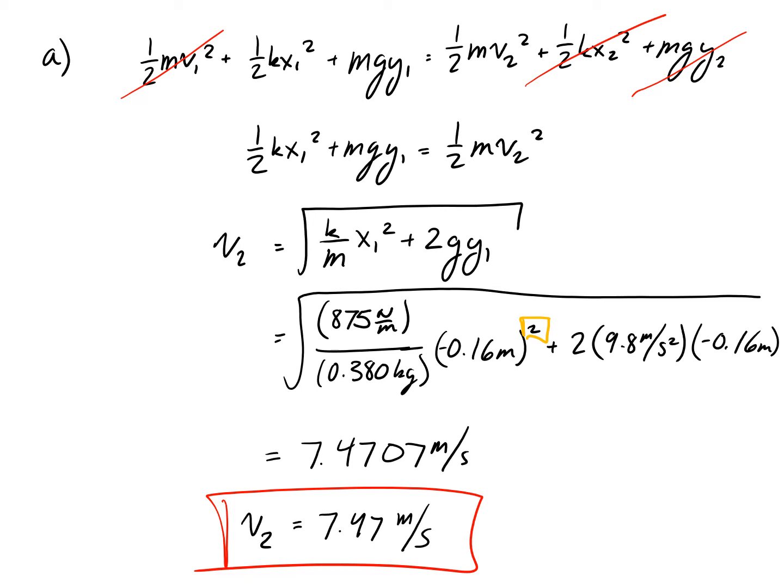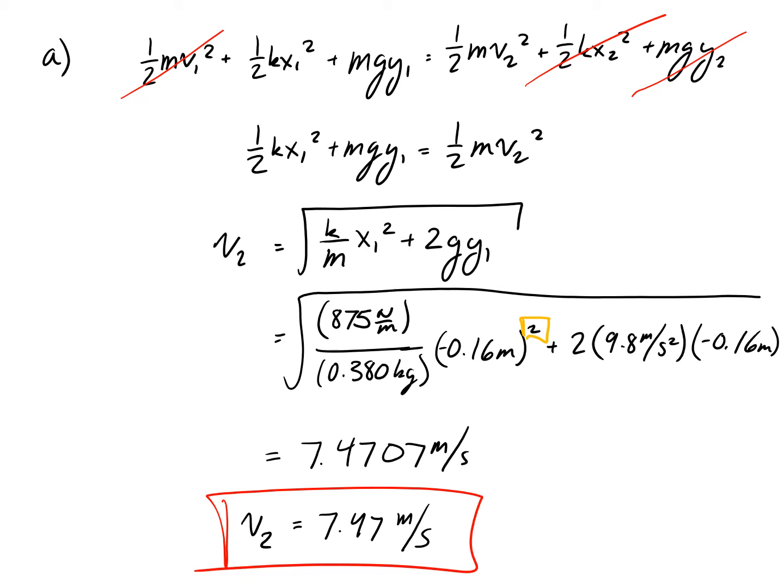So in part A here, we have set up the conservation of energy between when the ball is compressed down on the spring to the instant the ball is getting launched. So the ball is at equilibrium position and it is going to start now being launched off of the spring.